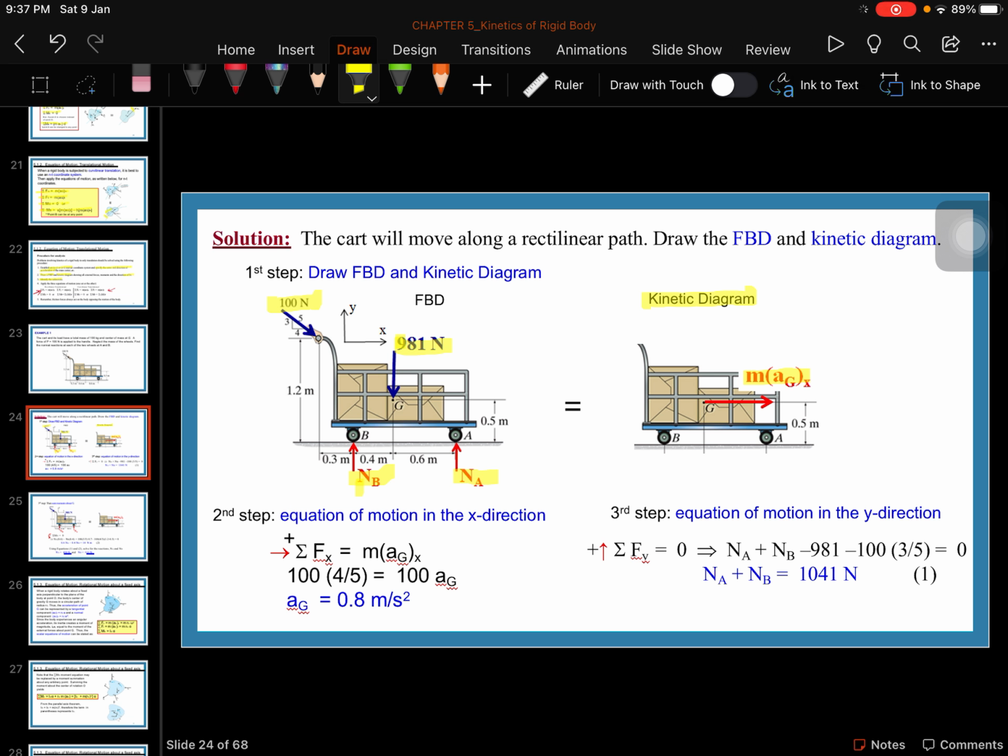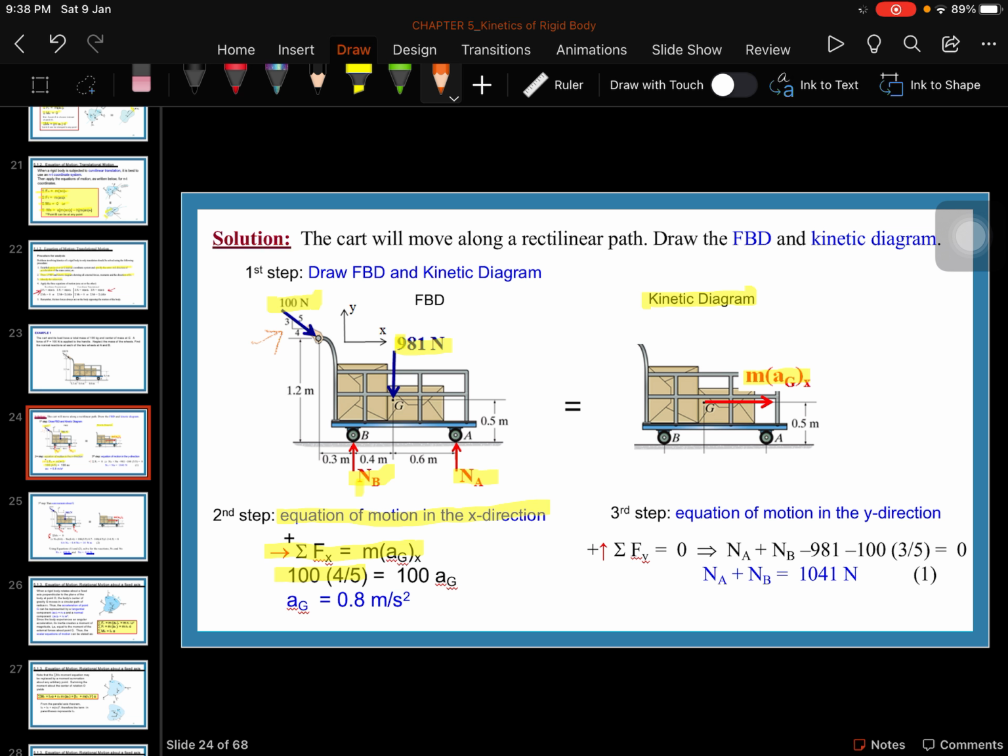Second step, equation of motion in the x direction. We know that aG is in the x direction. So the summation of force on the x axis equals m aG x. So the x component is 100 times 4 over 5, because the question gave a trigonometric triangle, and you will get it equal to 100 aG.